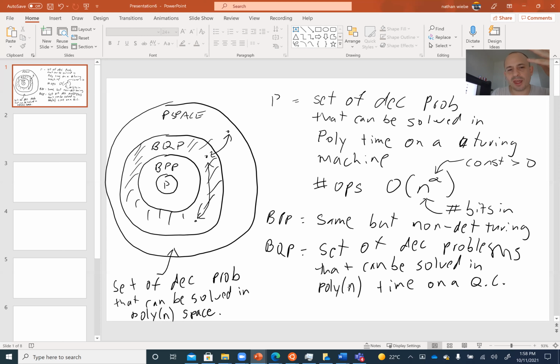P-space over here is a set that actually is inherently classical. So what this ends up saying is that if you're allowed exponential time, it turns out that you can actually simulate any quantum computer using a bounded amount of memory, or at least a polynomial size memory in the size of the inputs. And this is really non-obvious, this inclusion of BQP inside p-space.